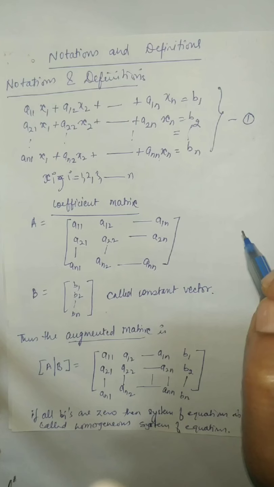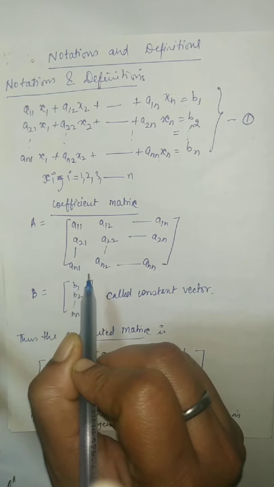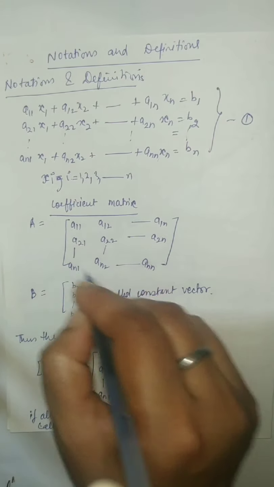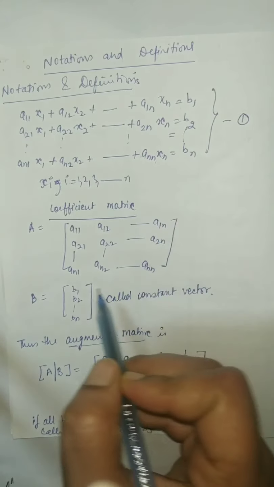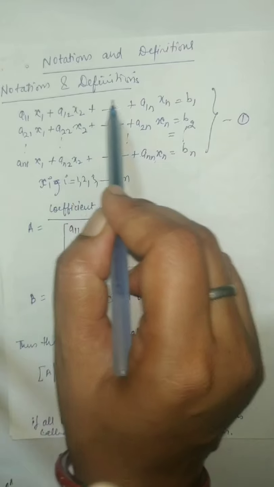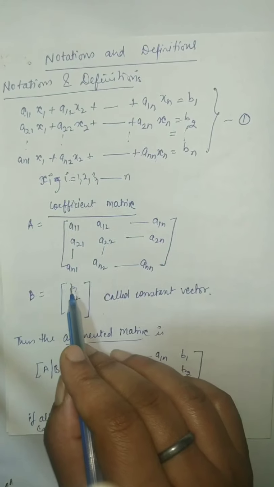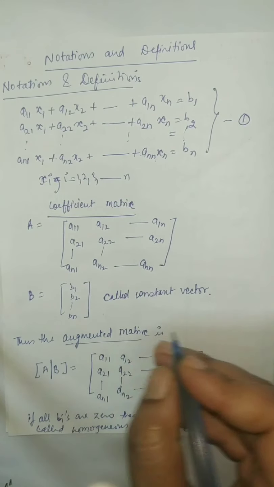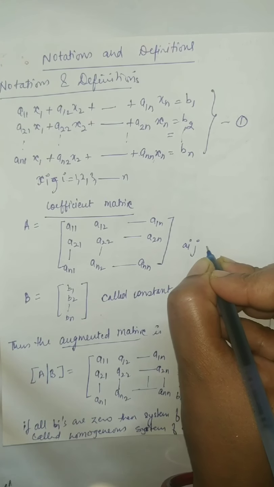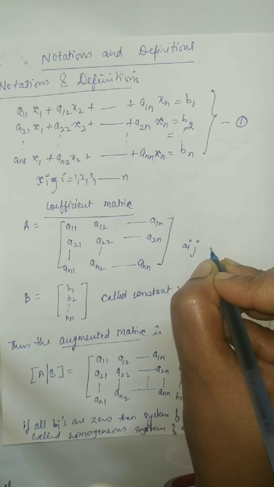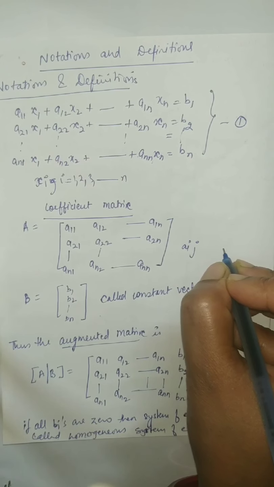The coefficients of variables in this system of equations can be written in the matrix form known as the coefficient matrix. So the coefficient matrix corresponding to system of equations 1 is given by this capital A, the coefficients of x1, x2 and xn up to all these terms, and we use the notation aij to denote the coefficient of xj in the ith equation, which occurs in the ith row and jth column of the coefficient matrix.